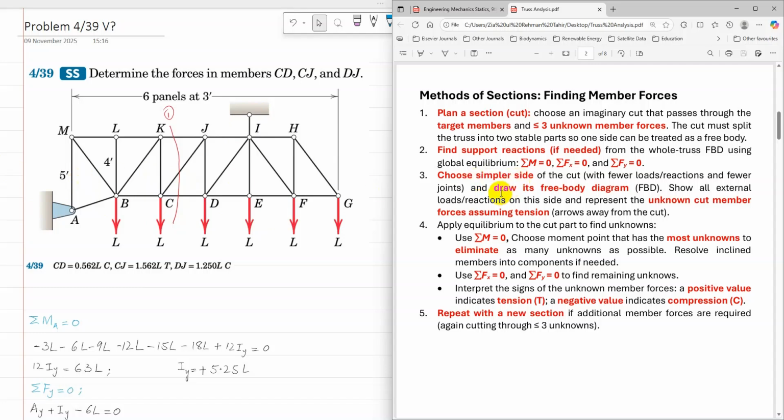I need to draw the free body diagram of the left section, showing all loads and reactions, and the unknown cut member forces, assuming tension. The unknown cut member forces are CG and CD, which I'm going to assume as tension, and JK is also present, so I'm going to assume tension as well.